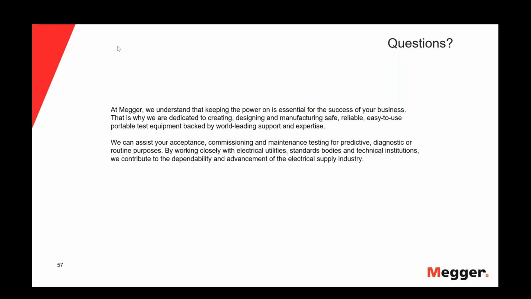Well, actually, that is part of the reissued IEEE 400.2 from 2013, where there is a description of the monitored withstand test. That is really a combination of exactly those two tests.